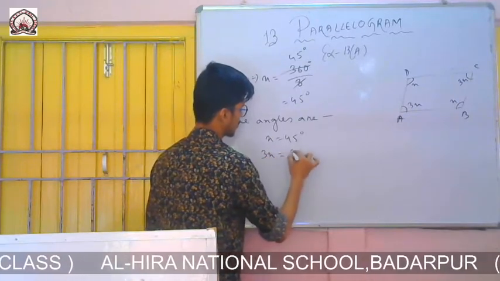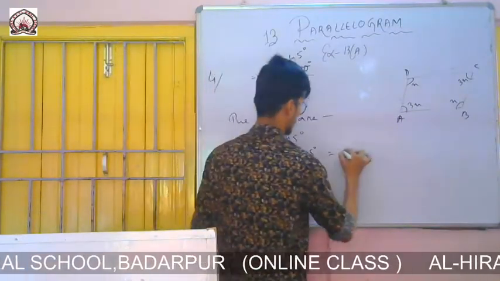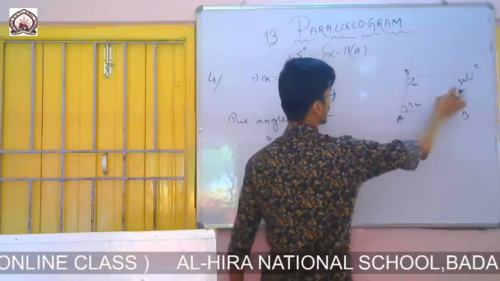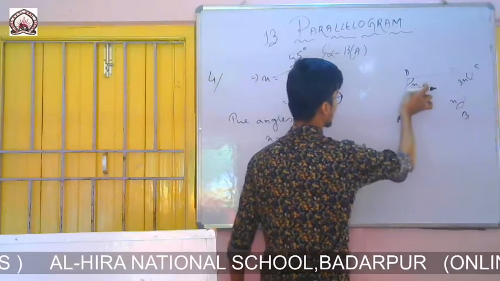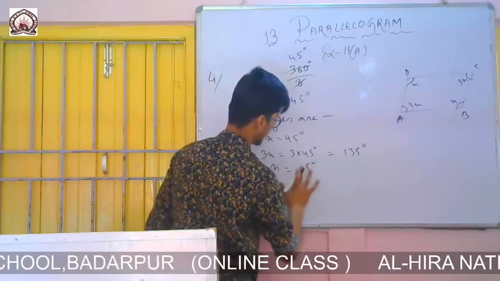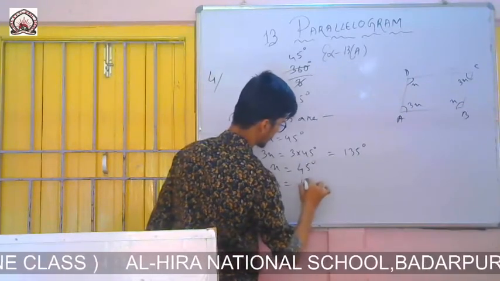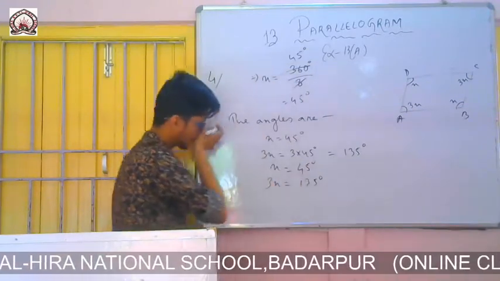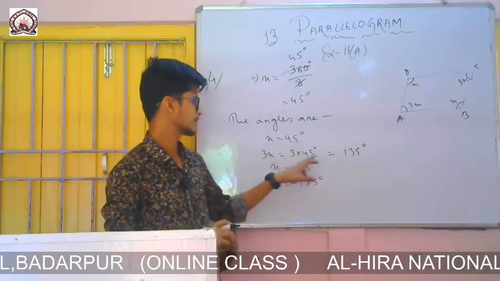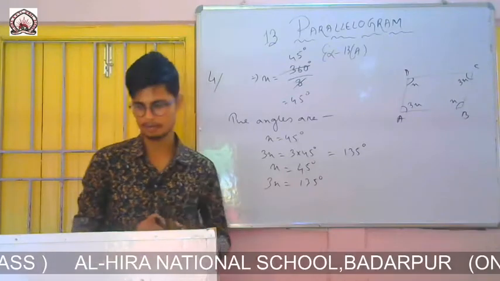Next one is 3x, which equals 3 into 45, so 135 degrees. Then x again equals 45 degrees, and the last one, 3x, equals 135 degrees. So the angles are 45, 135, 45, 135. These are the 4 angles of the parallelogram.